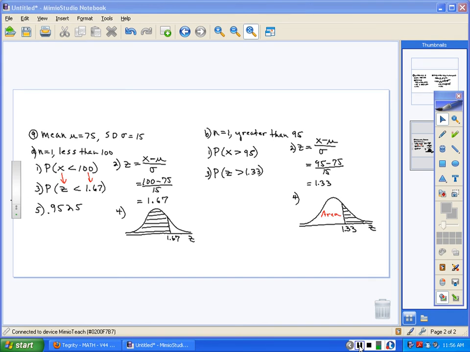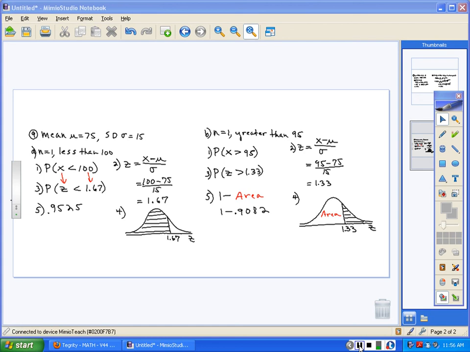But we do know that the area under the curve adds up to 1. So to get our region that we want, it's going to have to be 1 minus whatever we get for the area. And so it's 1 minus 0.9082.